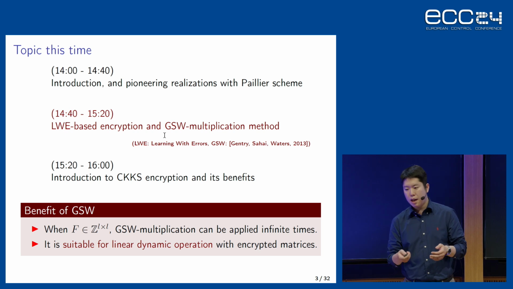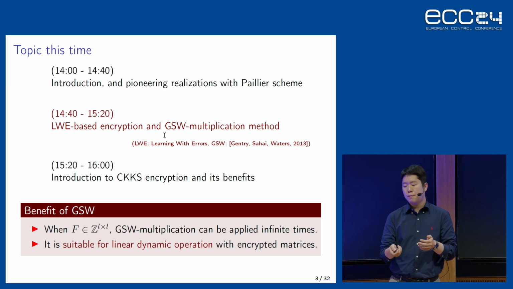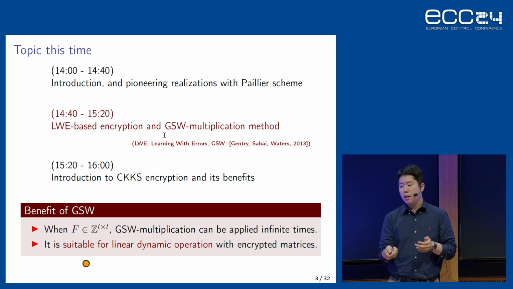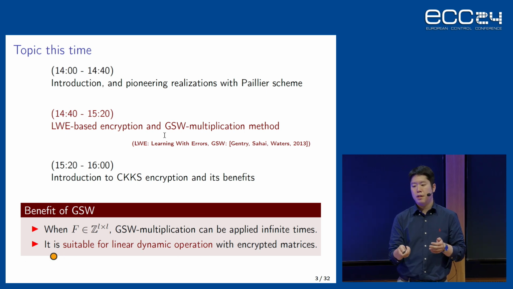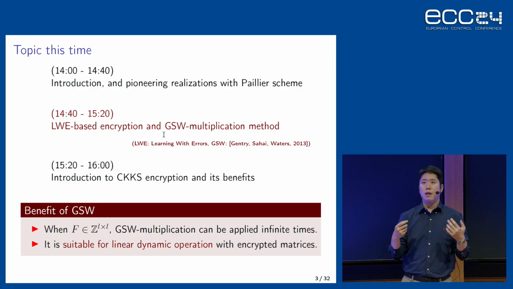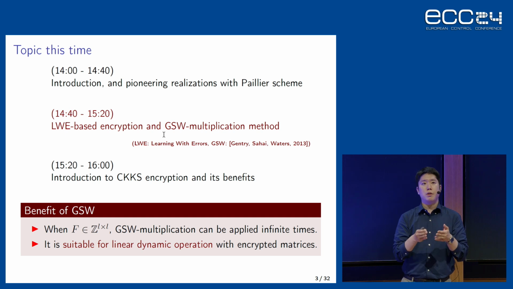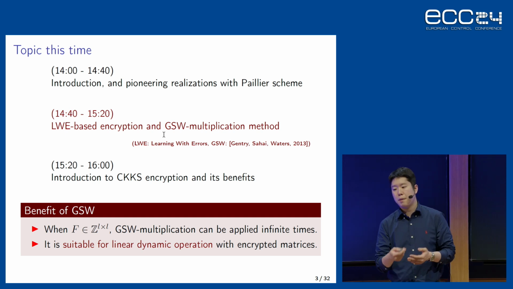Especially, the multiplication method of the GSW crypto system allows multiplication an infinite number of times if the state matrix consists of only integers. It means that, given a dynamic controller, as it naturally requires recursive multiplication at every time step, GSW encryption is suitable for implementing linear dynamic operations.